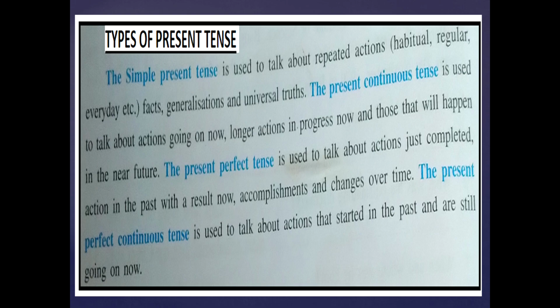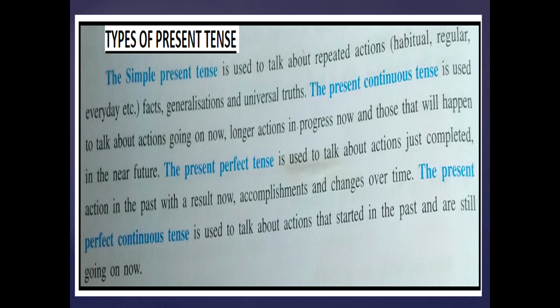In present perfect tense, we do not talk about the time of the action completed, isn't it? The difference between present perfect tense and past tense is that when the time of the action completed is denoted, then that indicates past tense, and we have to use past tense there. In present perfect tense, it does not indicate the time of the action completed.